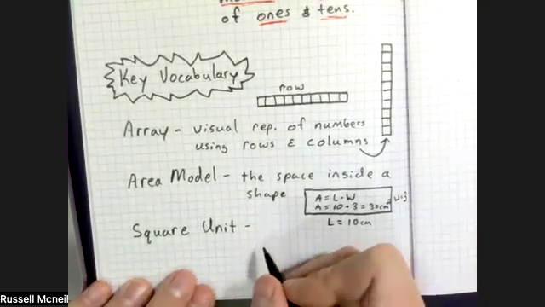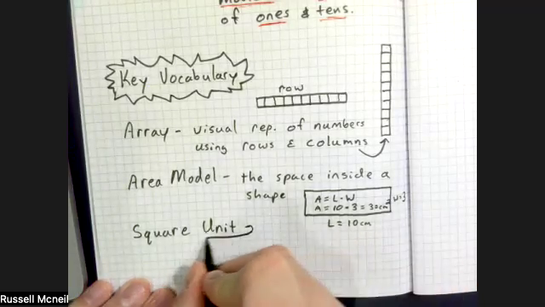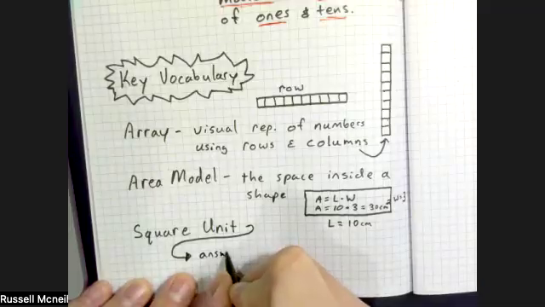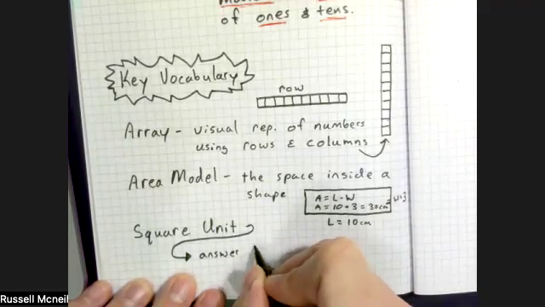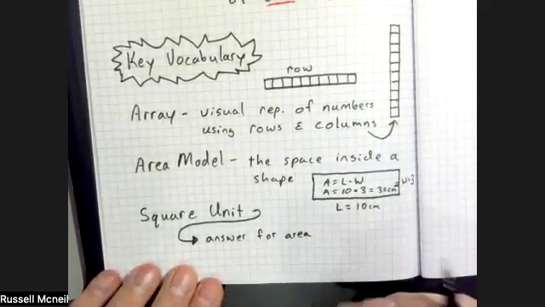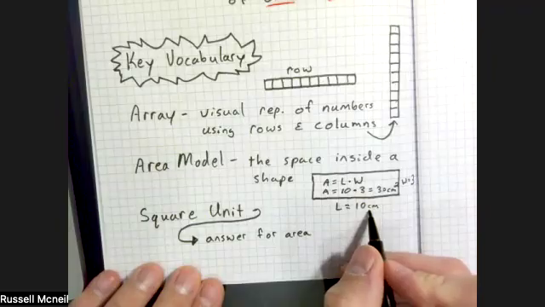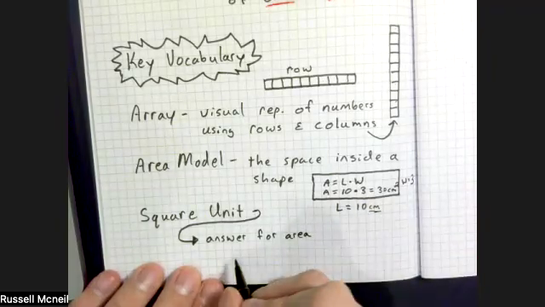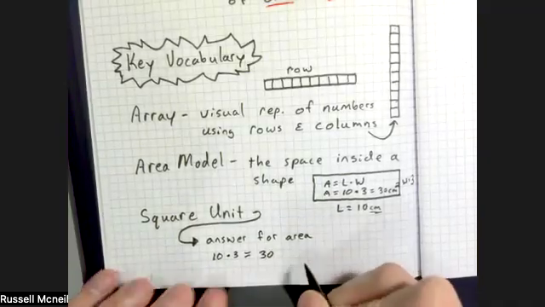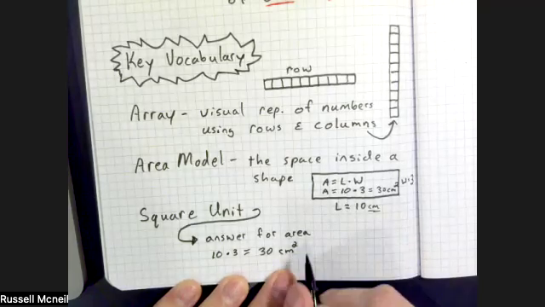Whether we're talking centimeters, inches, meters, or feet, we end with a little exponent of 2, squared.